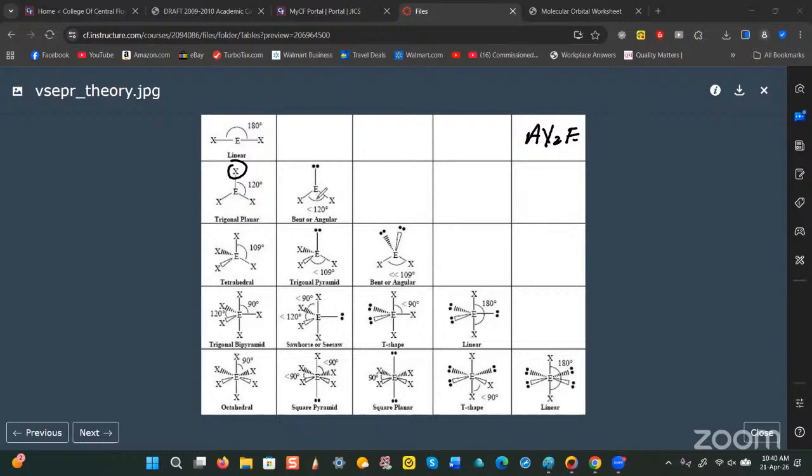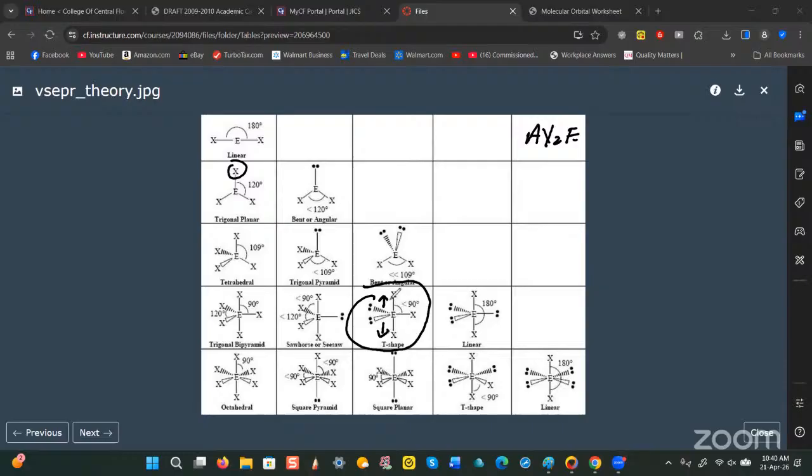So to answer your question, how can you determine the polarity? Basically you have to look at the three-dimensional shape. So let's say your molecule has this shape, and X is more electronegative than E. That means you're going to have one dipole acting in this direction, that dipole acting in that direction.